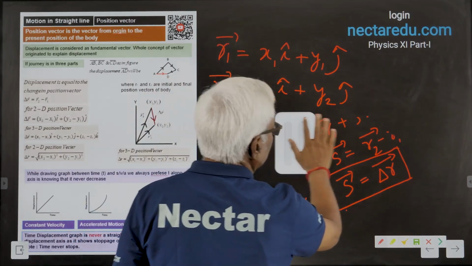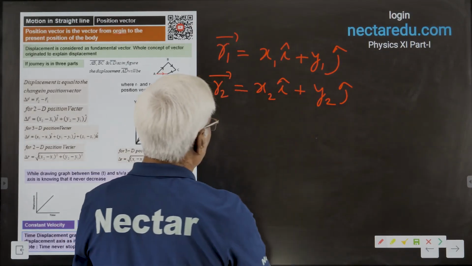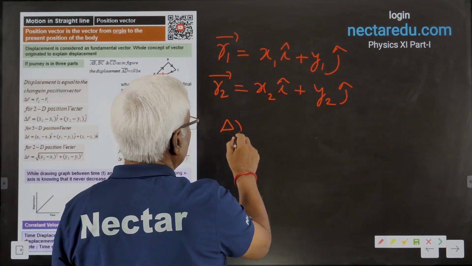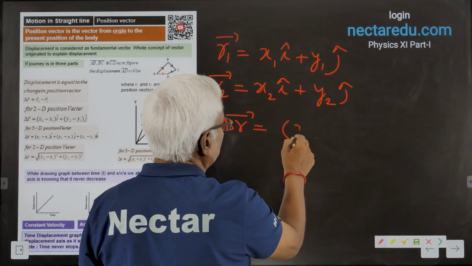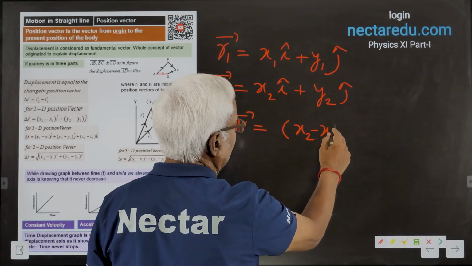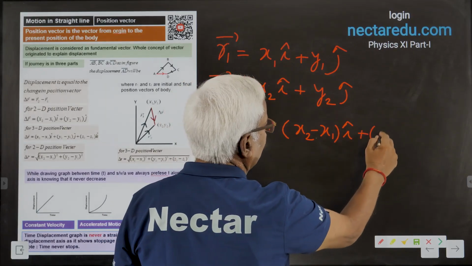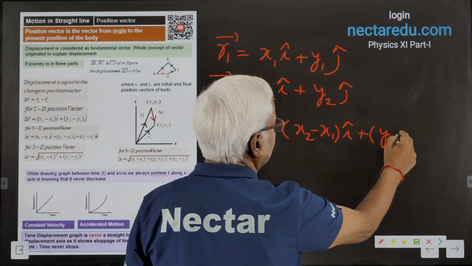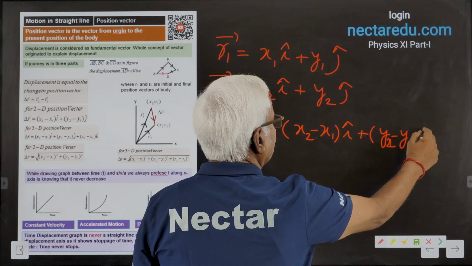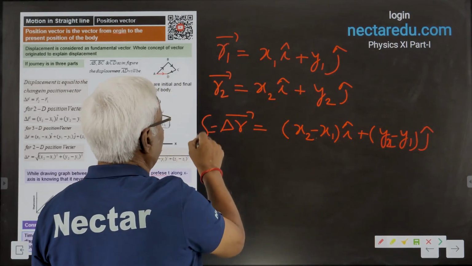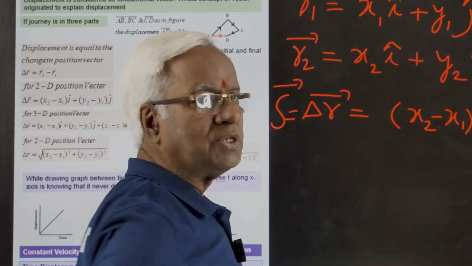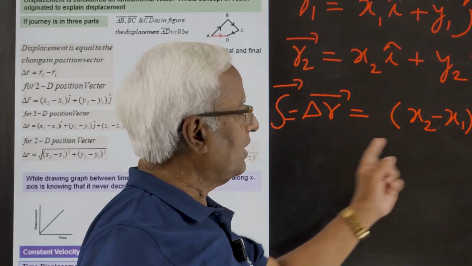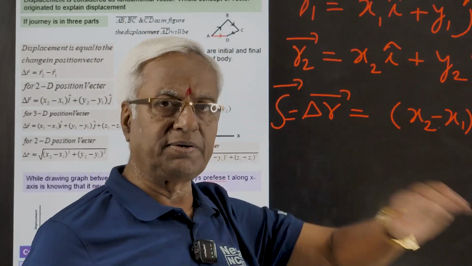And you want to find the difference. In order to find the displacement, this will be (x2 minus x1) i plus (y2 minus y1) j. This is the displacement vector. If the 2 position vectors are given, this is the way you find the displacement vector.